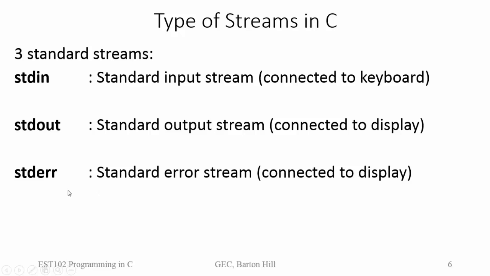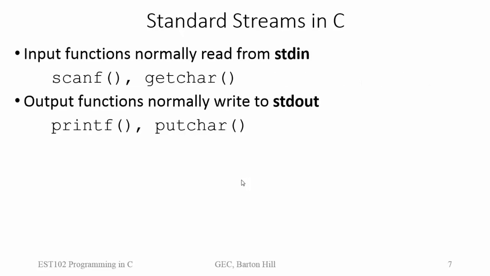Then there is stderr, which stands for standard error stream. In case of any error, the program will display the error through this stderr stream, and usually it is connected to the display. So stdin is usually connected to the keyboard, and stdout and stderr are connected to the display. These are the three types of streams in C. Input functions like scanf and getchar usually read data from stdin.